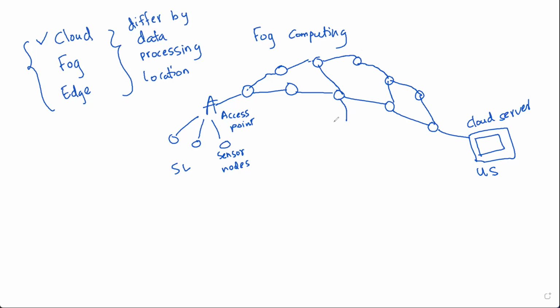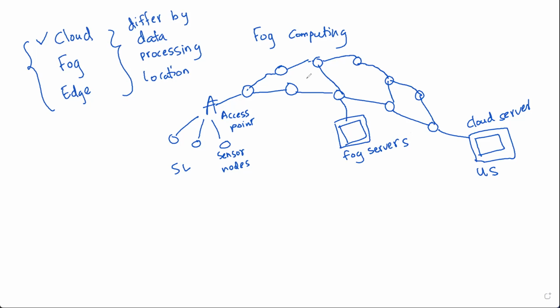So there are intermediate servers which we can initially configure to use as servers to process our data, right? There could be some servers in intermediate locations between the cloud server and the access point, which can do the computationally costly tasks.